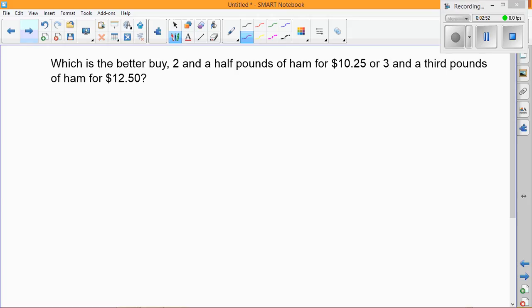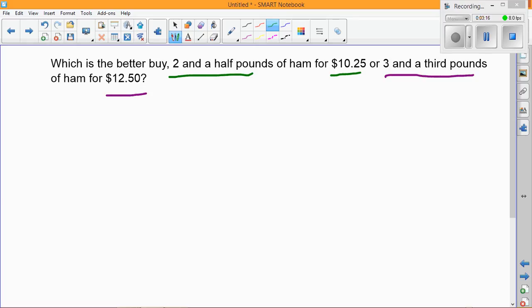Now, at first, you might ask, well, why can't we just use decimals? We can divide decimals. We can find the unit rate of decimals very easily. But what happens is we have 3 1/3 pounds. And that 3 1/3 does not have a nice decimal. 3 1/3 is 3.3 repeating. And that ends up being kind of messy.